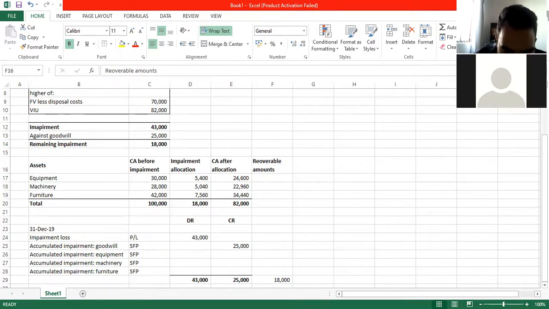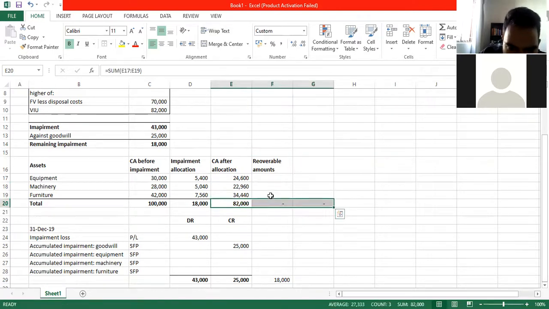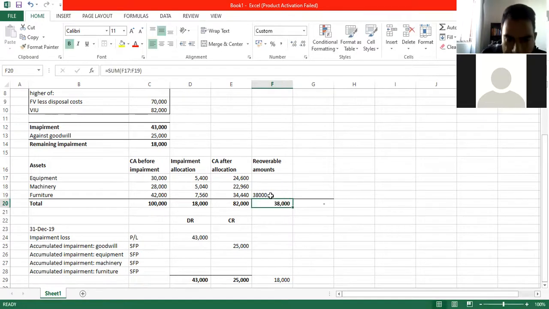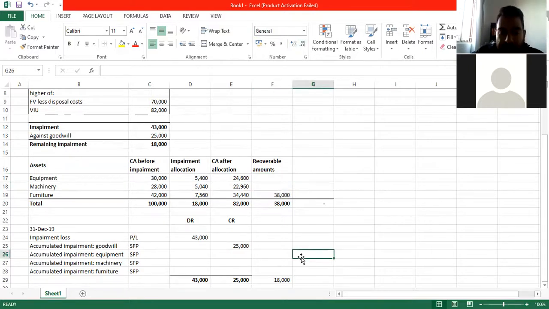The fair value less cost of disposal amounts to 38,000. So here is an amount for this asset of 38,000. There's nothing for the others, so we don't need to do anything about the others.